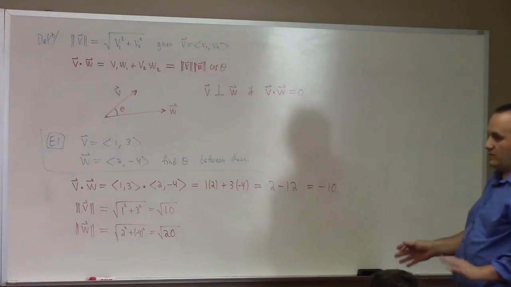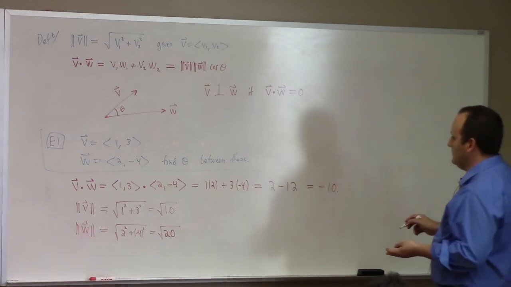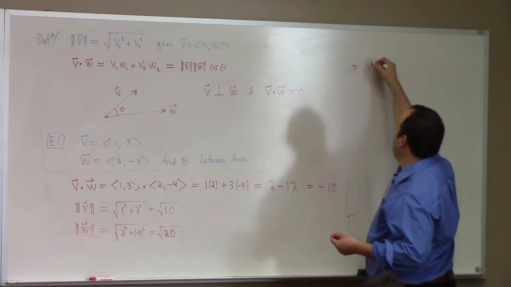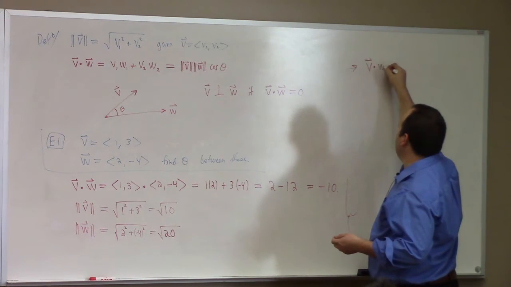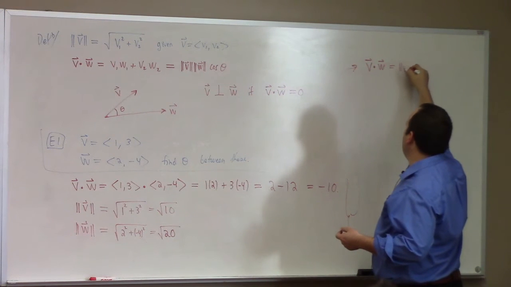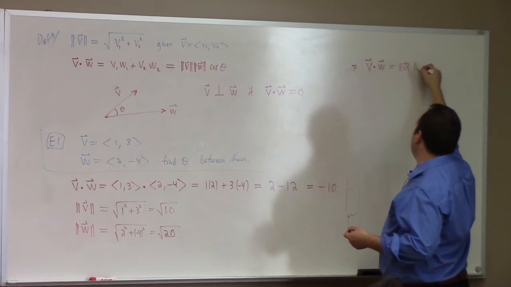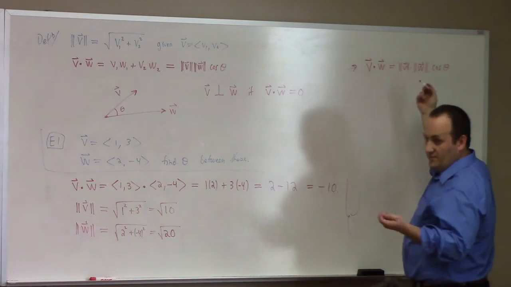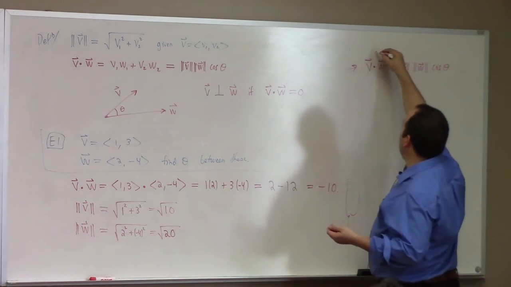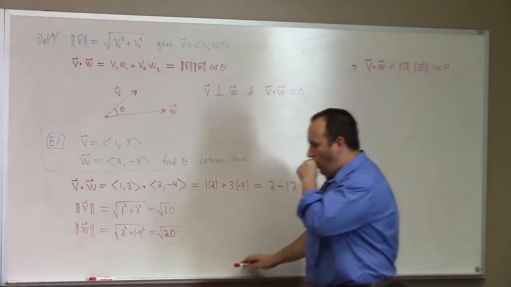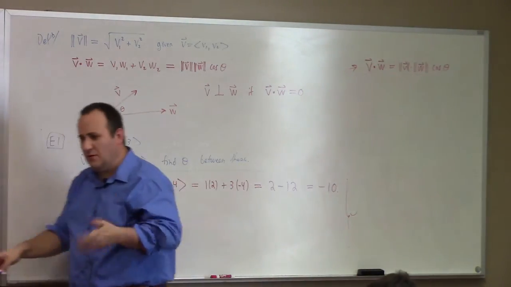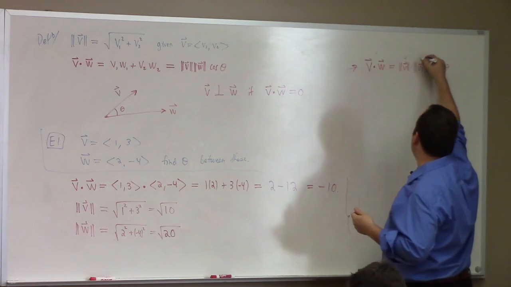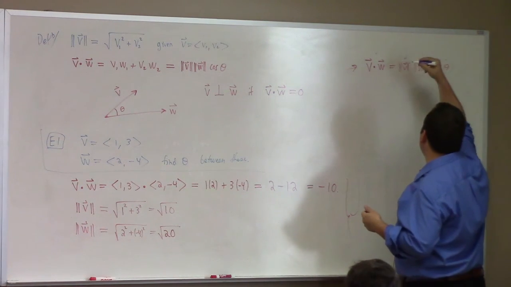All right. So how does that help you find the angle? Well, you take this data, right? And we notice that v dot w is equal to the length of v times the length of w times the cosine of the angle between them. So we can solve for cosine theta, because we know everything there except for cosine theta. We know this, we know this, we know this, and we're trying to find that. So solve for it.